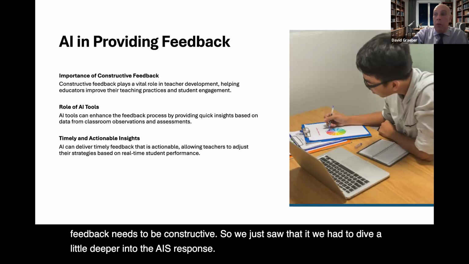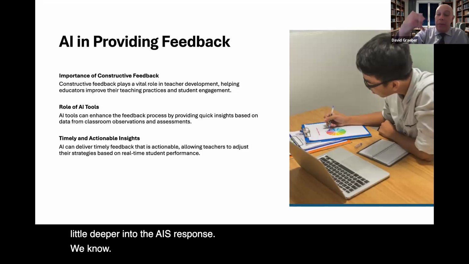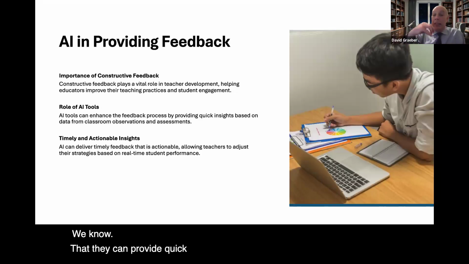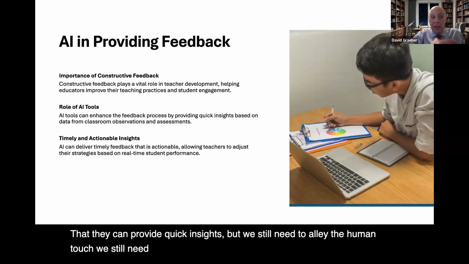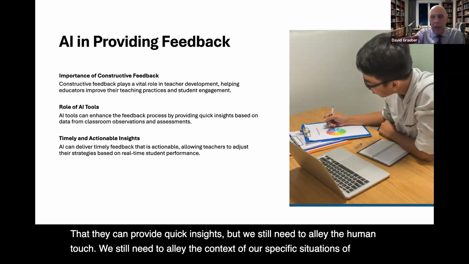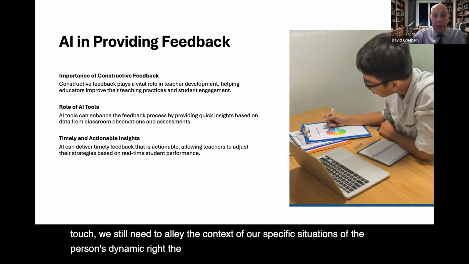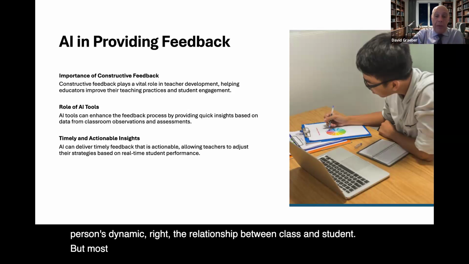We know that they can provide quick insights, but we still need to apply the human touch. We still need to apply the context of our specific situations, the person's dynamic, the relationship between class and student. But most importantly, it allows us to be timely, right?